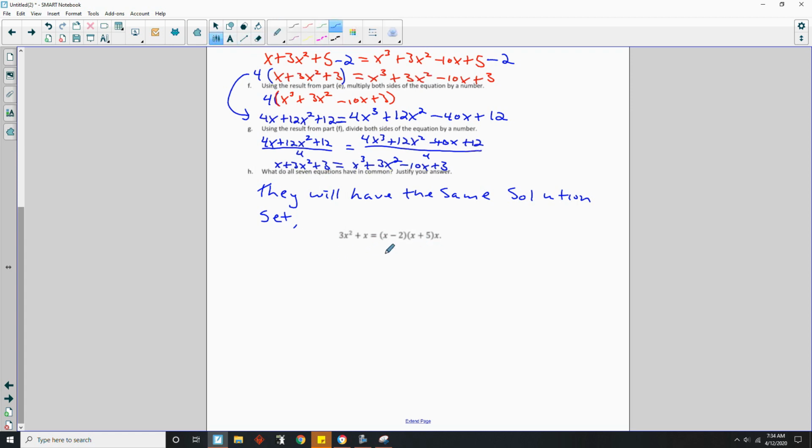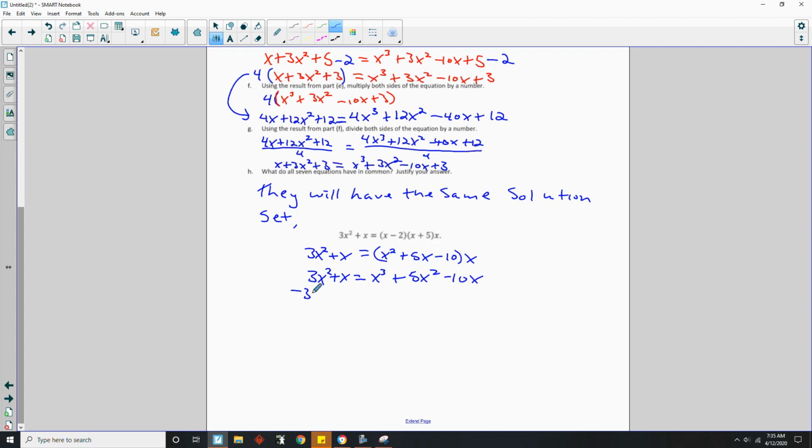I'm just going to FOIL this, and that's going to be x times x, which is x squared. And then it's going to be x times 5, which is plus 5x. And then it's going to be minus 2 times plus 5, which is minus 10, all times x equals 3x squared plus x. Distribute, and I get 3x squared plus x equals x times x squared is x cubed plus 5x squared minus 10x.